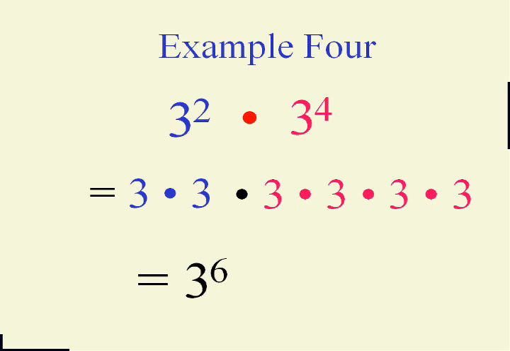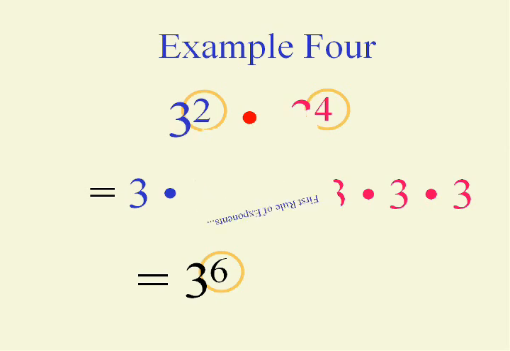Isn't there 6 of them? Well, we could go 3 times 3 times 3 times 3 times 3 times 3, 6 times and get 729. Well, what I'd like you to note, where is there a shortcut where that 6 came from? Between 2 and 4. Think about it.